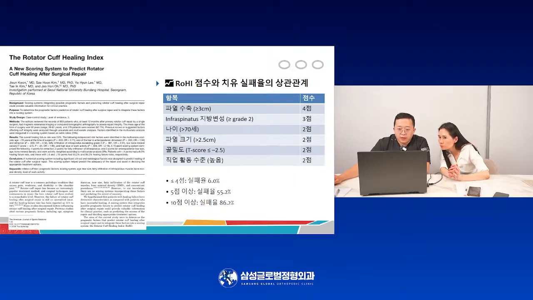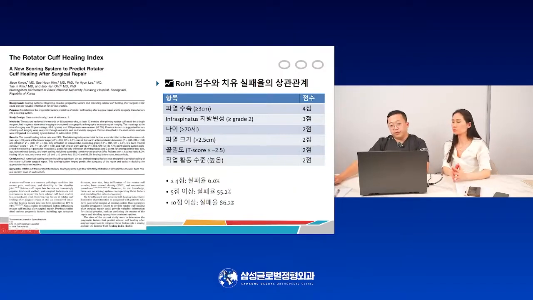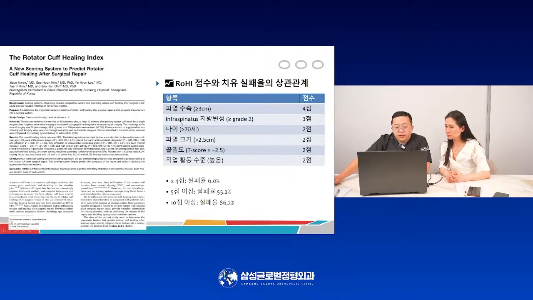The age, the infraspinatus fat infiltration, the size of the tear, the bone marrow density, and a high level of occupation or activity. That kind of factor could affect the healing rate of the rotator cuff tendon after surgery.